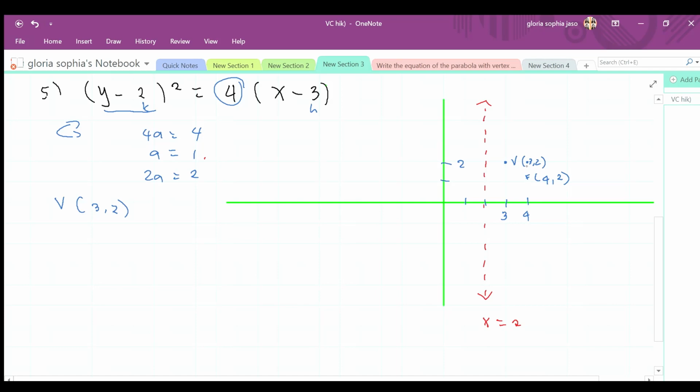So from the focus, we will move 1 unit upward and 1 unit downward. So that is for 1, and this one is for 3. Okay, so we can now trace our curve.